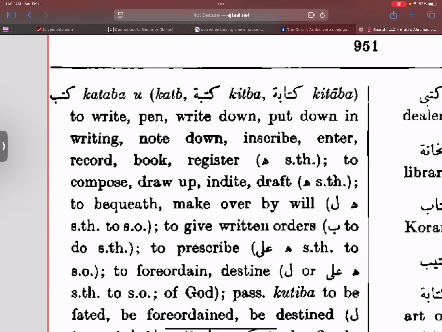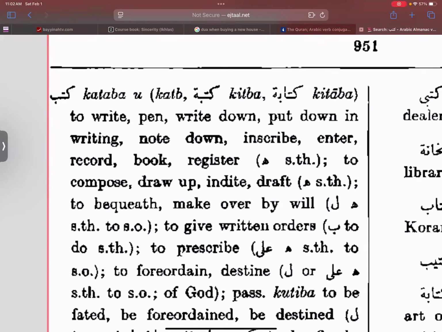Scribe. Or even kitaba. Even kitab is taken as a masdar as well, because kataba means he wrote, right?